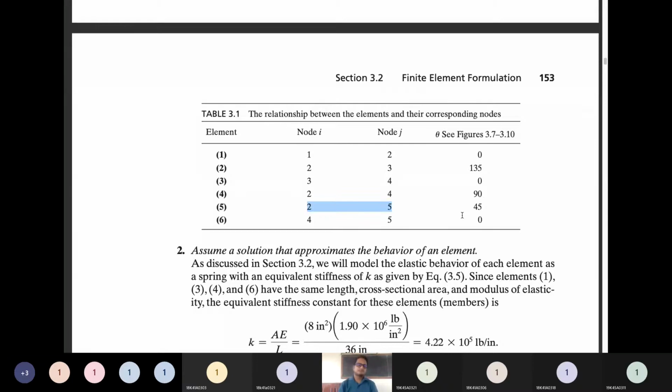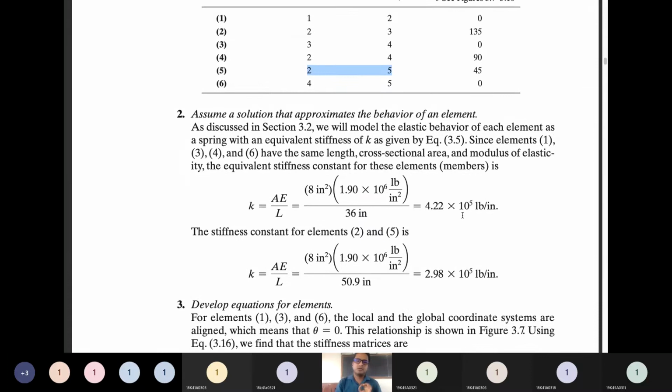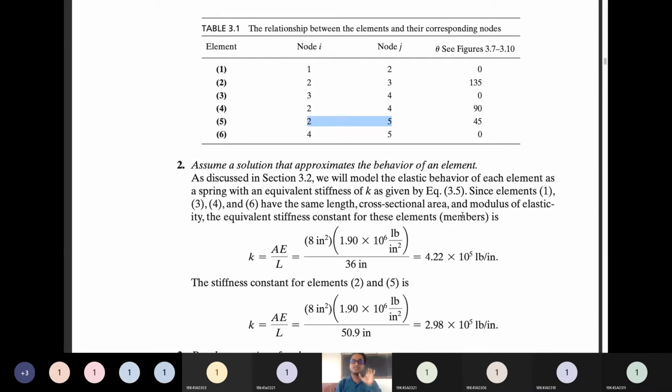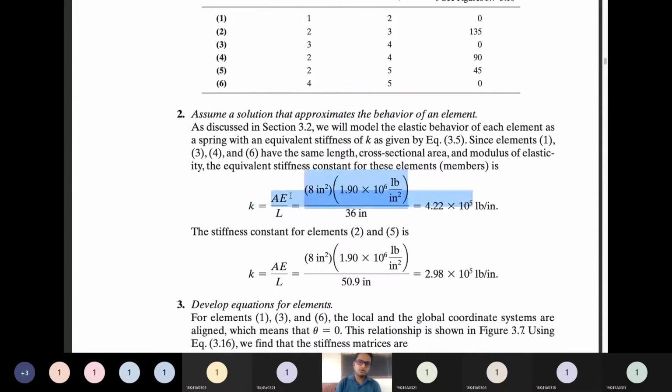Now the next step is to calculate the stiffness of each and every element. As we have discussed from the first lecture, the mathematical expression for stiffness is k = AE/L, where A is the cross-sectional area, E is the modulus of elasticity, and L is the length of your element.